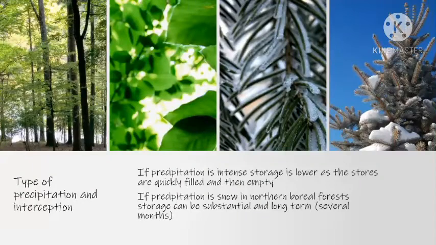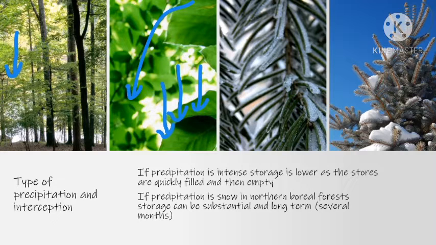The duration and the type of precipitation that falls also have an impact. Let's imagine it starts to rain in this forest. The leaves start to collect water. As the rain proceeds, more water is added to the leaf. At a certain point, that leaf becomes too heavy, and all of a sudden the leaf will droop, and then we get leaf drip. The process of leaf drip will empty the interception store.